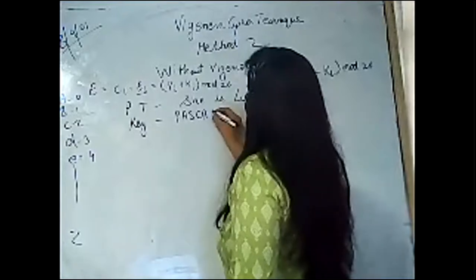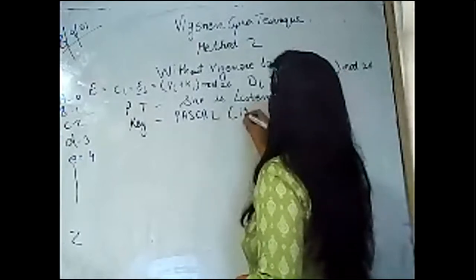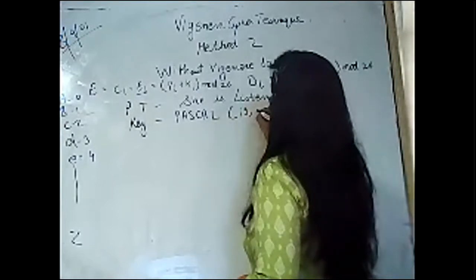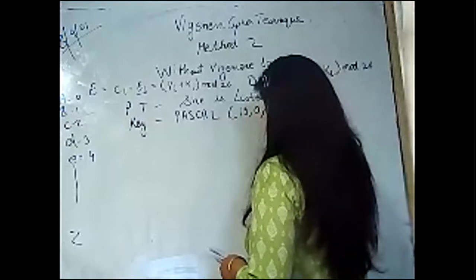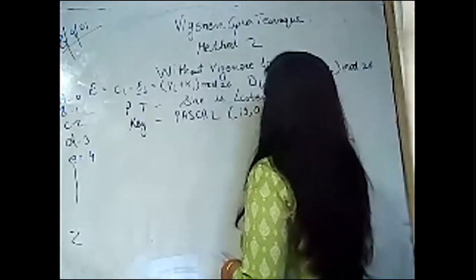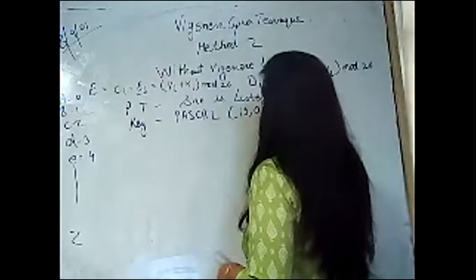This is your key. I will change it to the key stream. So the key I will be using is 15, since P is represented by 15. Next we have S, which we represent with 18.